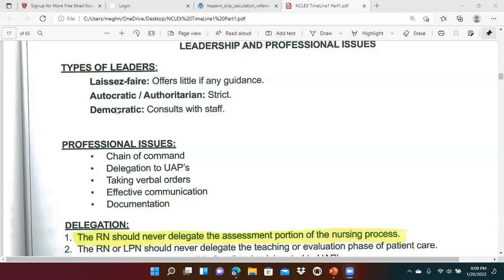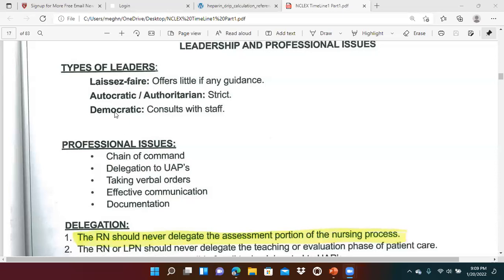Democratic leadership style, also known as participating style, means everybody can participate. It encourages the staff to be a part of the decision making, right?